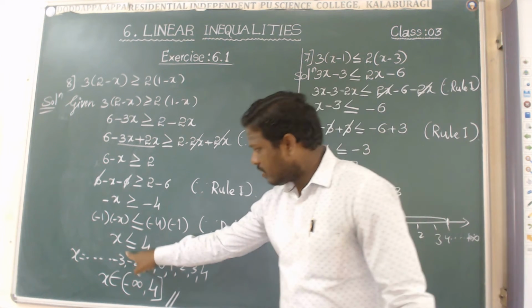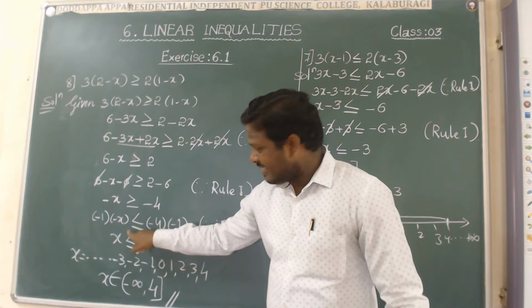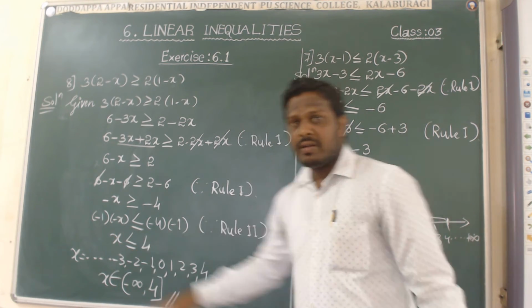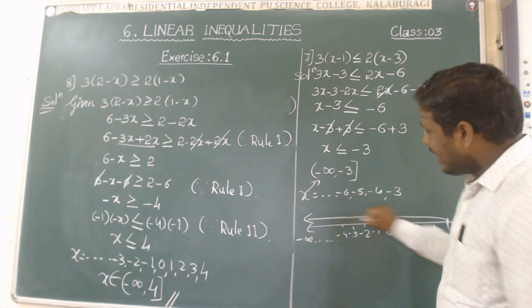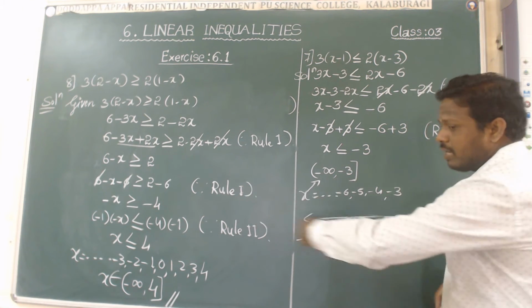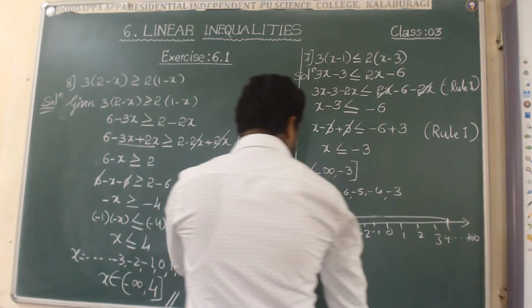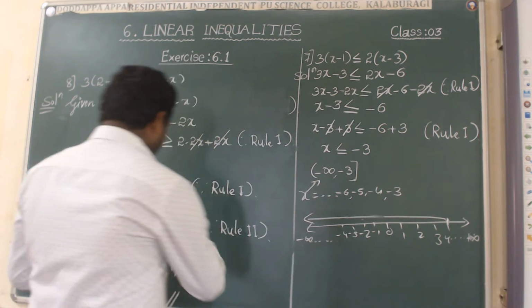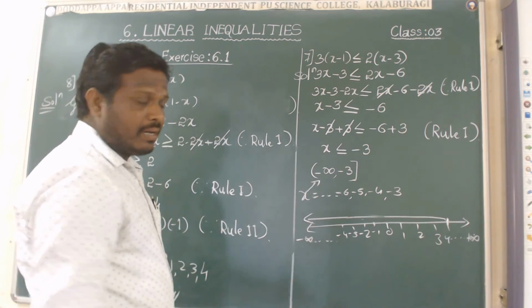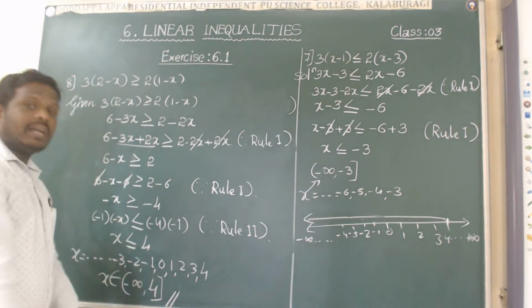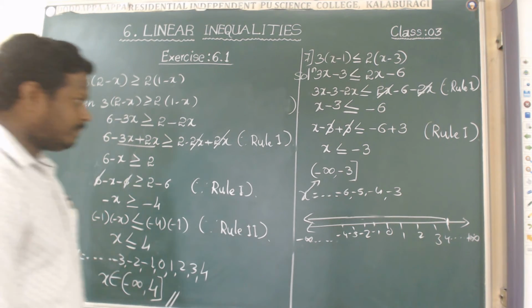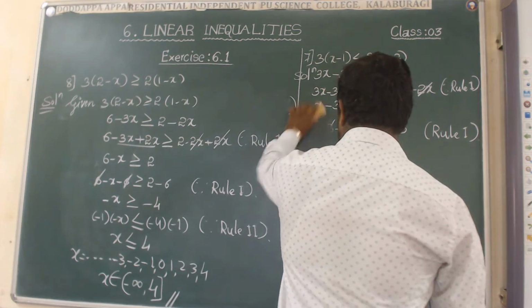Less than or equal to symbol is there. The value of x is less than or equal to 4, no? That's why I am going from 4 to the left side, up to minus infinity. Then when we are asked x is a real number, we have to write using intervals. Getting? Okay. Come to the next problem.